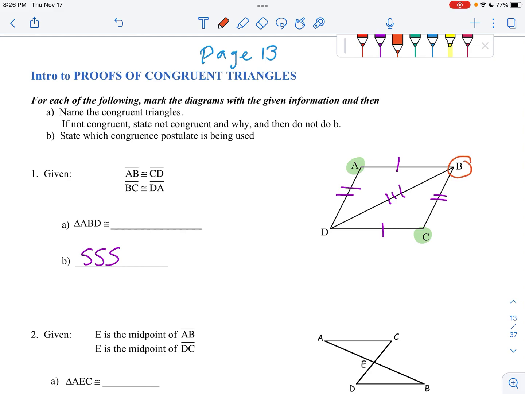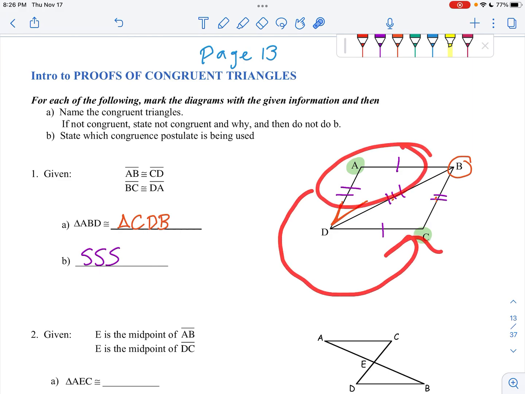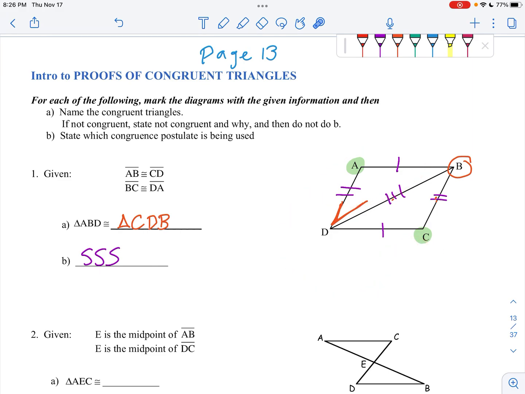B, for this one triangle, is where the 2 and the 3 tick marks meet each other. And then that's where this D is right here. So if I match up, A goes to C, B goes to D, and D goes to B. So it's almost as if this triangle has to be rotated to become this triangle.